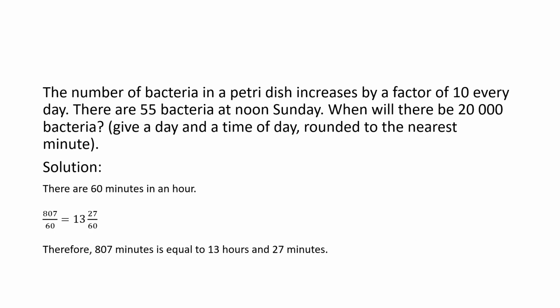Well, we know that there are 60 minutes in an hour. If we try to evaluate 807 divided by 60 in our calculator, 807 divided by 60 is equal to 13.45. So what we're talking about here is 13 complete hours and 0.45 of an hour.